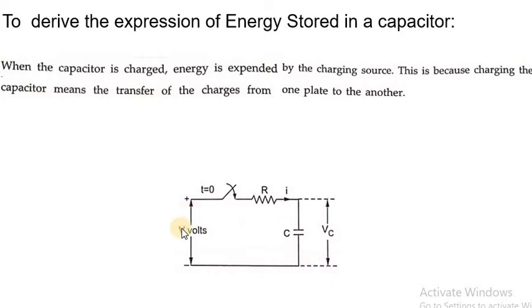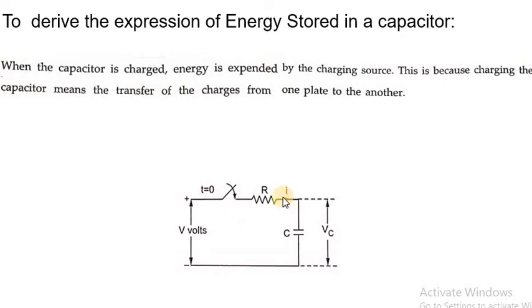It means the energy will be supplied from the source to the capacitor, and in the capacitor itself the charge will start to transfer from one plate to another plate.